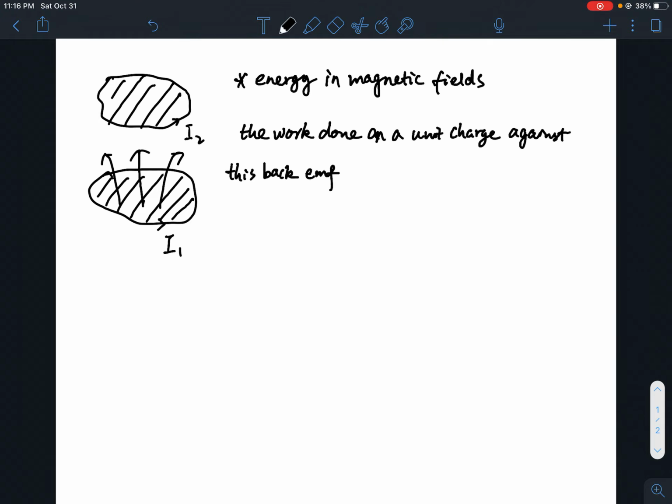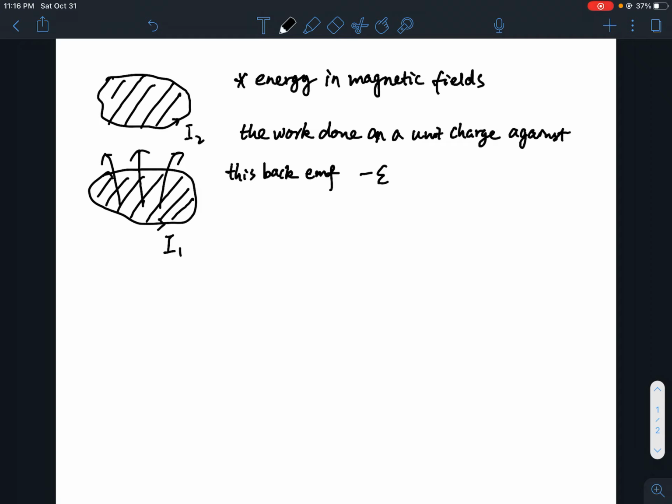If we do it in one trip around the circuit, that is really minus epsilon. Here this minus sign indicates this is the work that we have to do against the back EMF in order to get the current going.